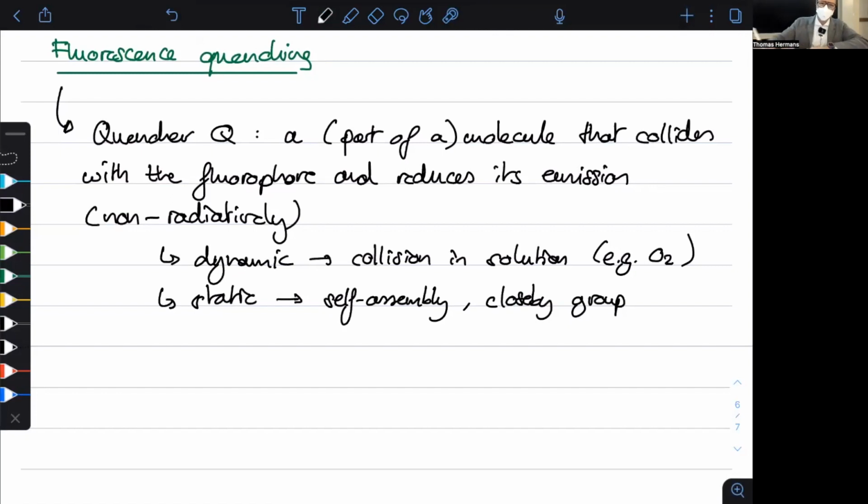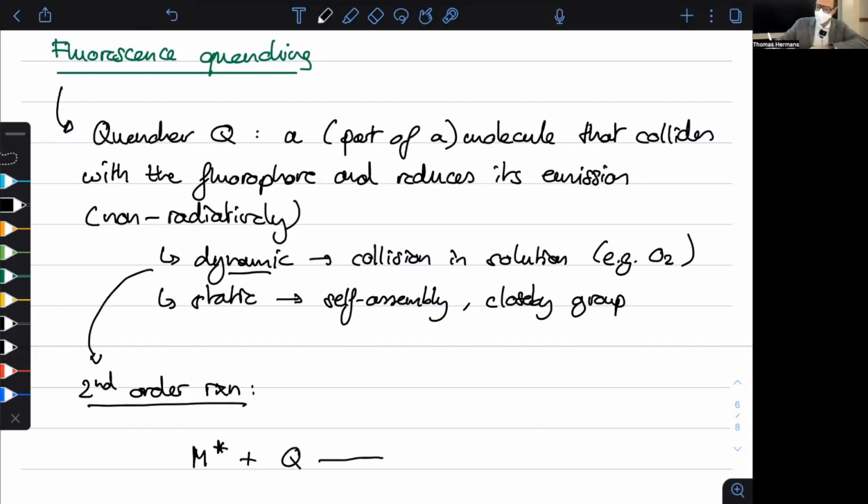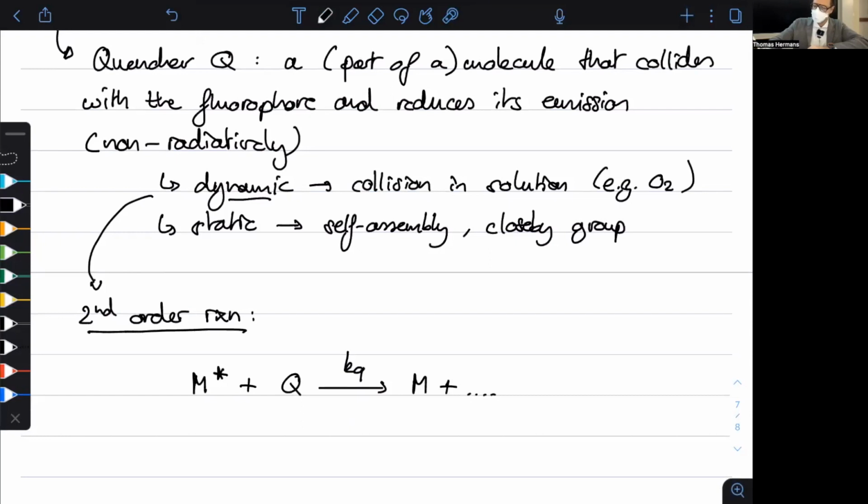So if we look at the first case, the dynamic case, then it's actually a second order reaction. Why? Because it's two molecules that need to meet. So I have my excited molecule plus my quencher, and with a certain rate, KQ, that brings the molecule back to the ground state, and whatever happens to the quencher, which can be different things, but we won't discuss that now.